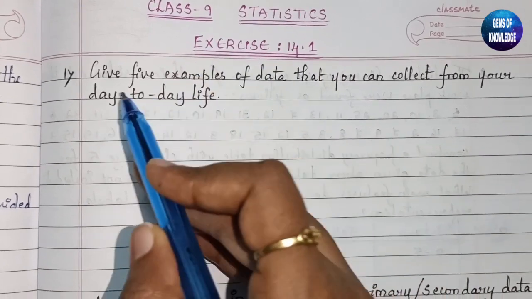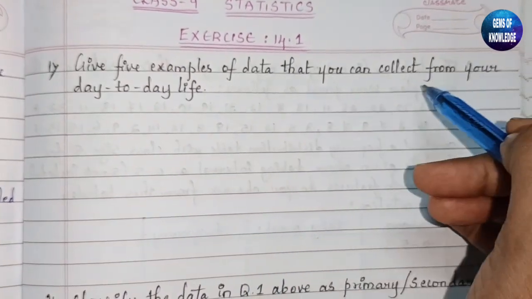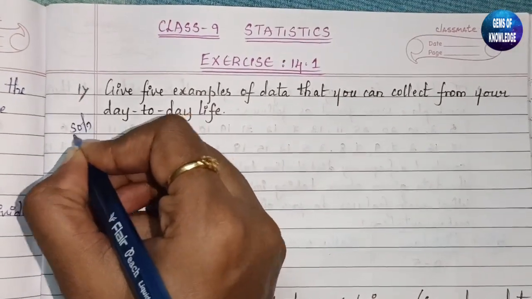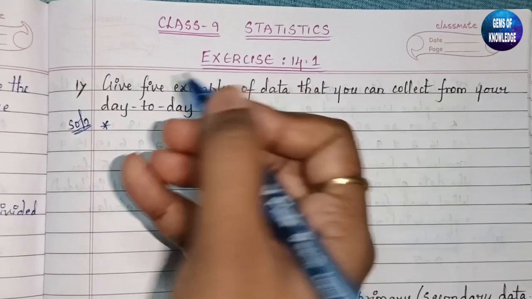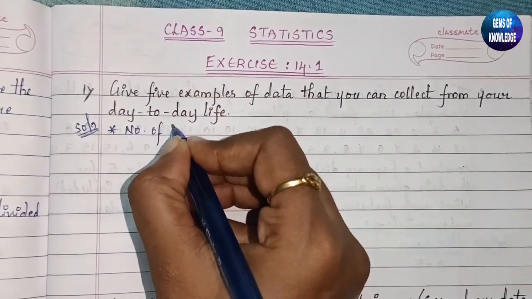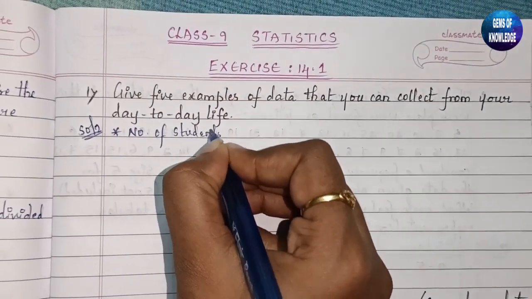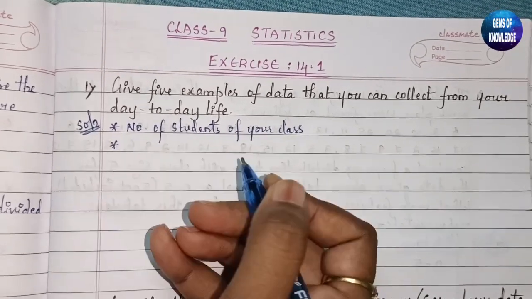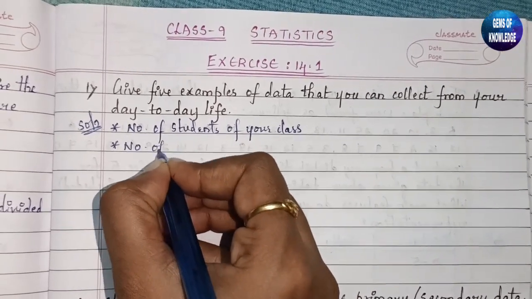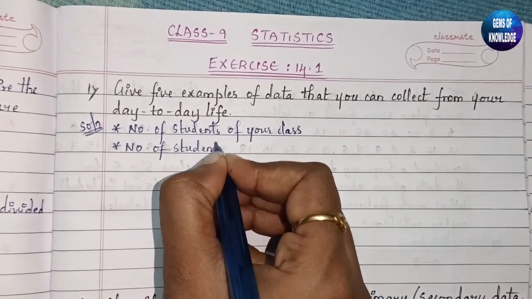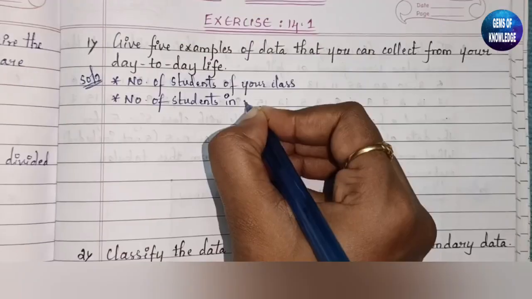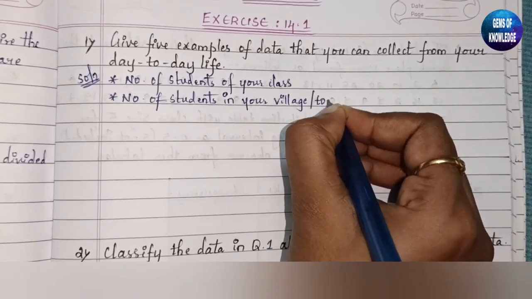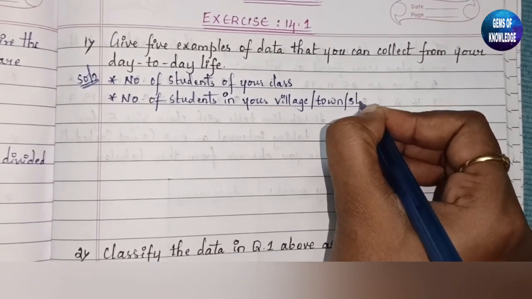Exercise 14.1. Give 5 examples of data that you can collect from your day-to-day life. I may give you a few examples. Number of students in your class. Second one, you may write the number of students in your village or town, or you can say your state.